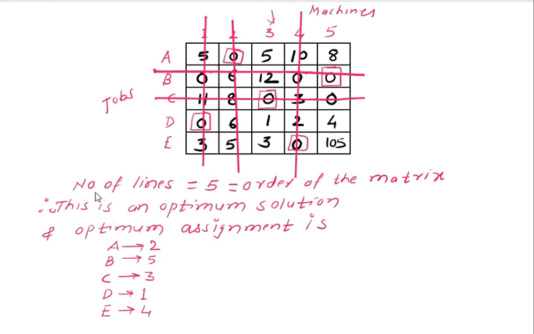So this is the optimum assignment. That is, this assignment will give you the smallest cost of performing these 5 jobs on these 5 machines.